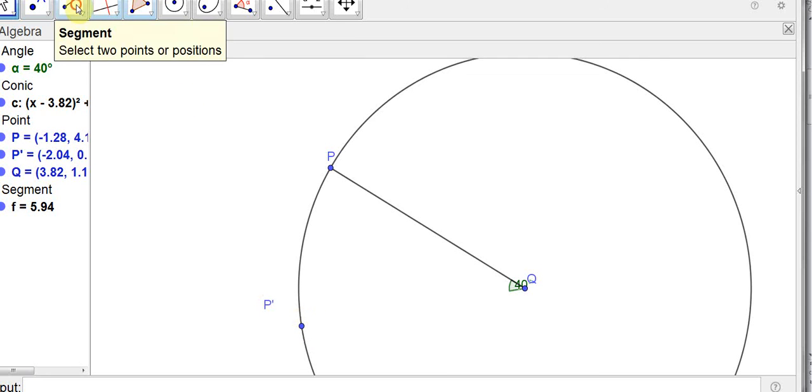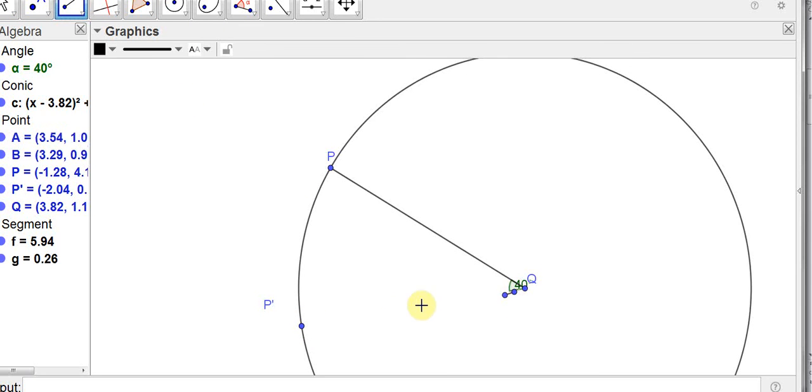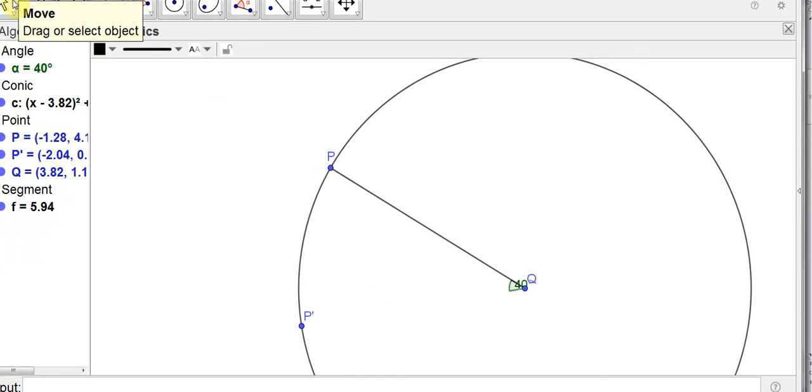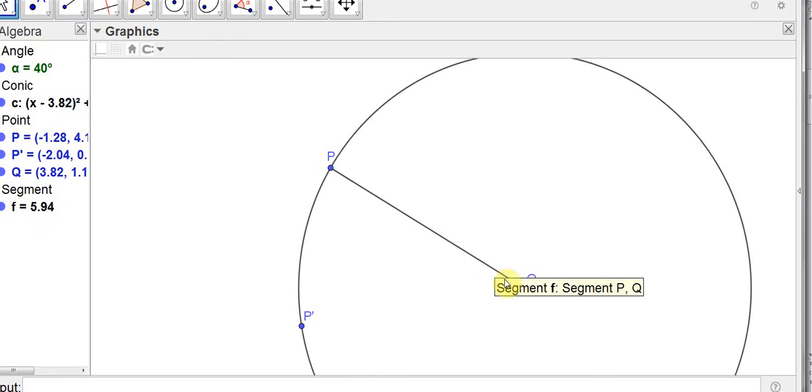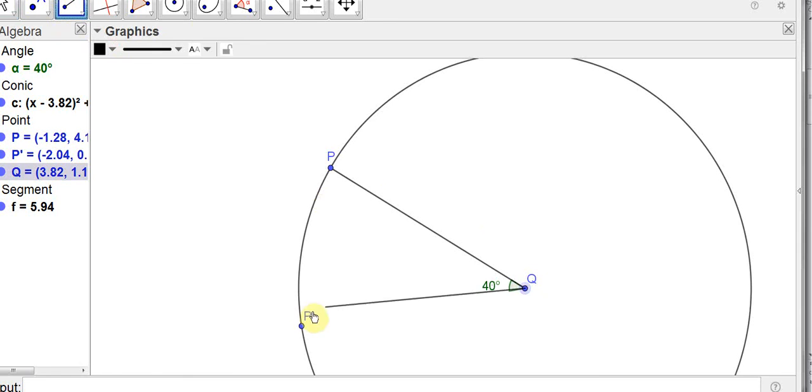A few things here that I want to point out. First, if we were to make this line segment from Q to P prime, those two line segments would in fact be congruent to each other.